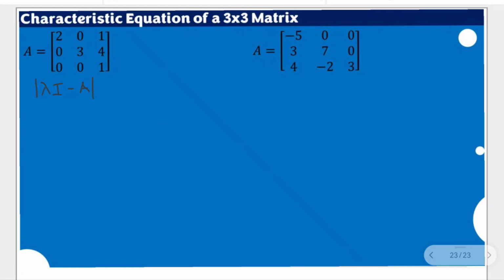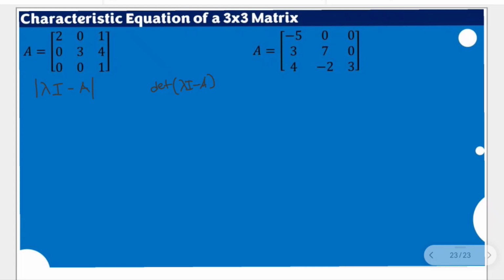Now, after we are done with that, we are going to show the determinant of said matrix, and then the determinant will automatically tell us the characteristic polynomial. When we equate the determinant to 0, that is then the characteristic equation of the specific matrix A.